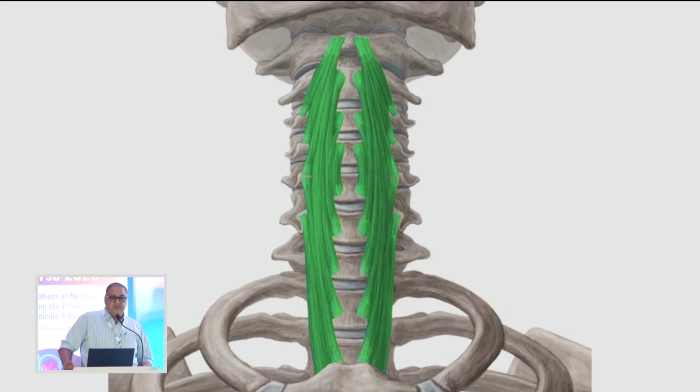All these muscles become important if you want to do interventions for cervical dystonia, because these muscles are very small, and they have all the important structures around them, and you have to do an ultrasound-guided botulinum toxin injection into them.